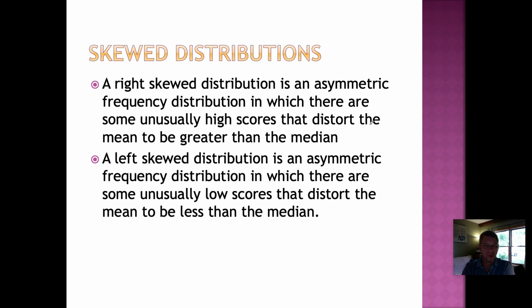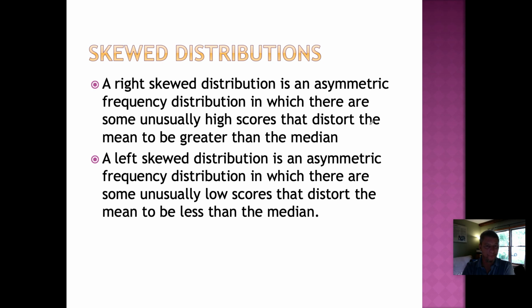A right-skewed distribution is an asymmetric frequency distribution, meaning it's not a pretty bell, in which there are some unusually high scores that distort the mean to be greater than the median. A left-skewed distribution is an asymmetric frequency distribution in which there are some unusually low scores that distort the mean to be less than the median.